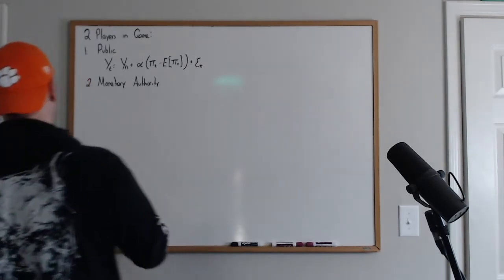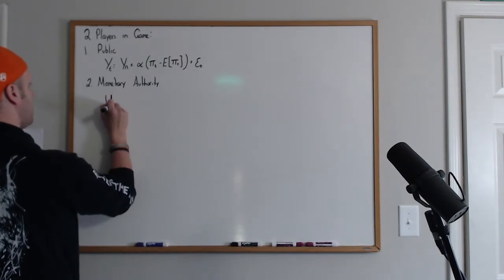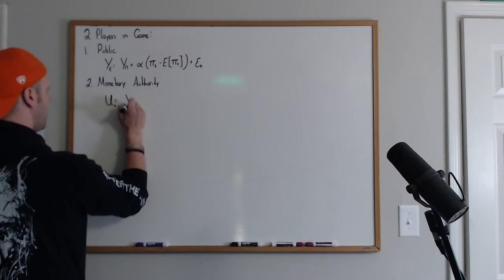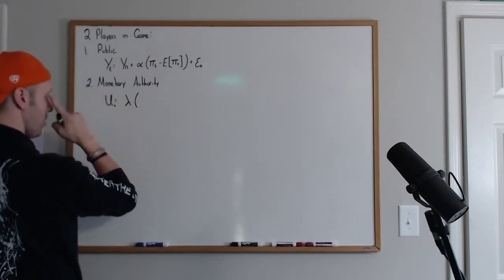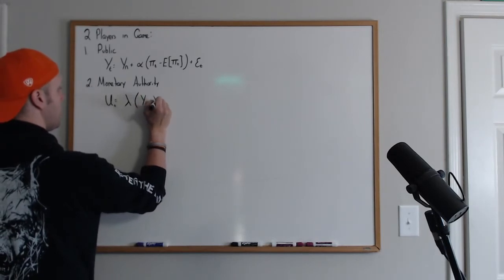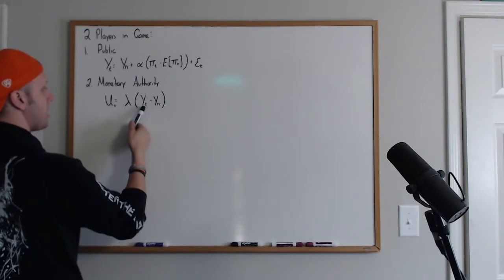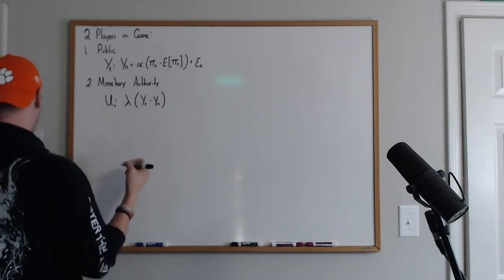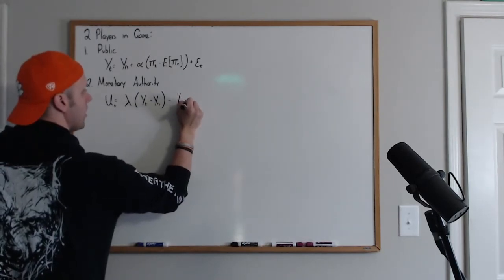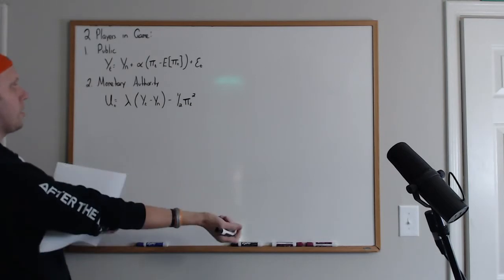So what is their utility function? Well, their utility function at each point in time t is equal to this parameter lambda times deviations in actual output from the natural rate of output, minus 1/2 times inflation squared.